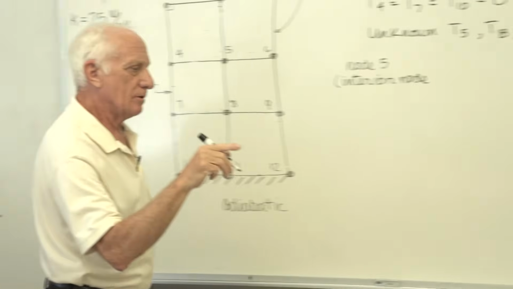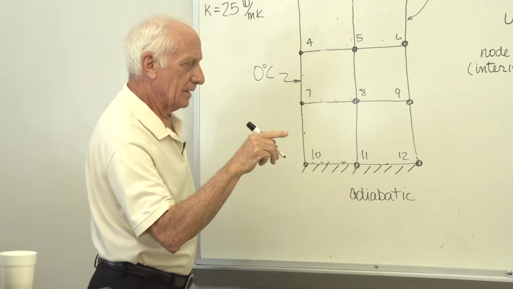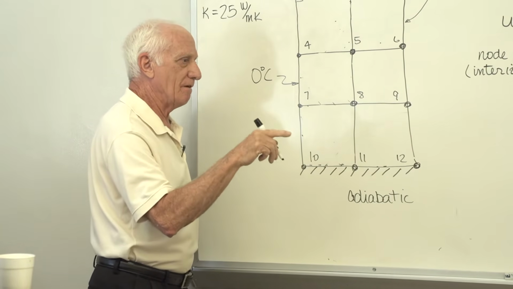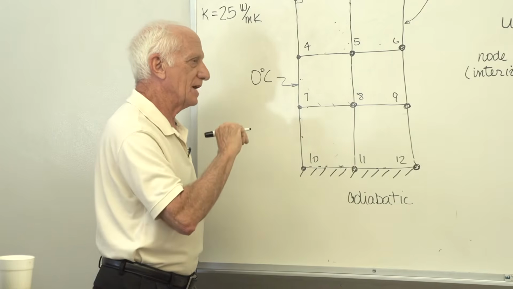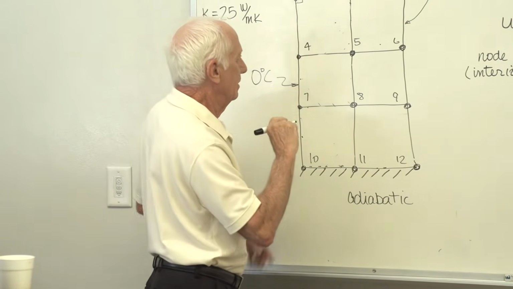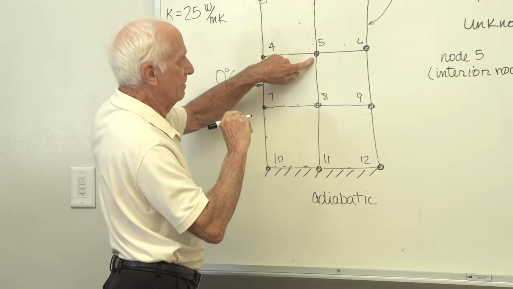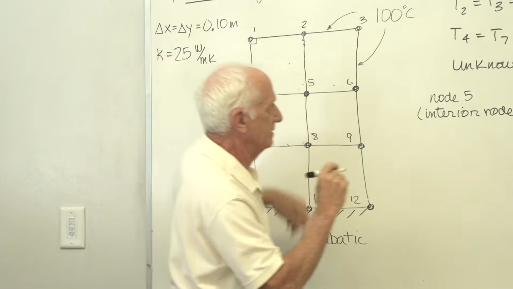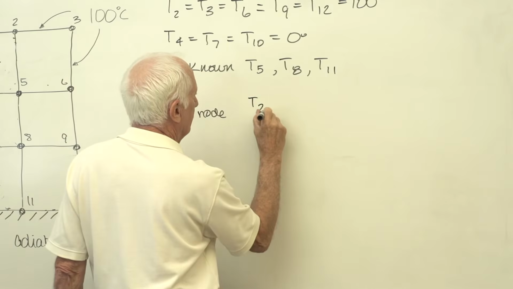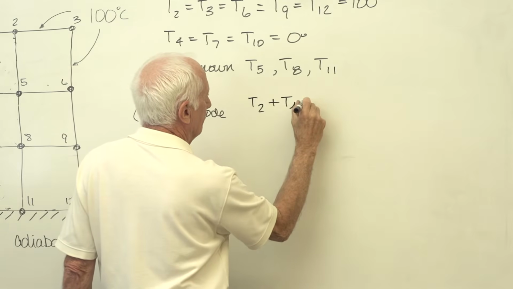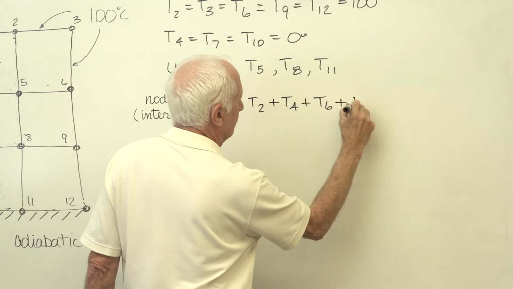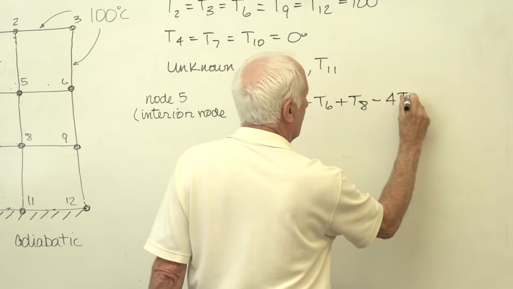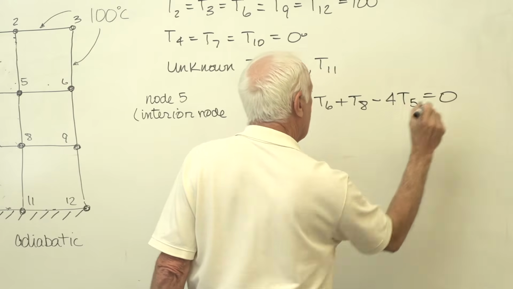For an interior node, you add the temperatures of the 4 surrounding neighbors and subtract off 4 times the temperature of the center node, and that should be equal to 0. Center node, T5. Surrounding nodes, 2, 4, 6, 8. Minus 4 times the temperature of the center node must equal 0.